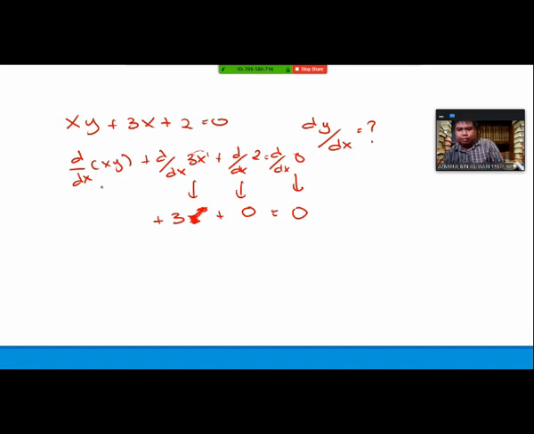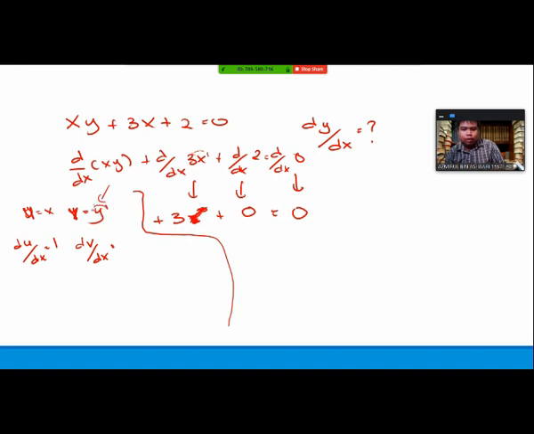Okay, but for this case, I need to do it separately, which is u equal to x and v equal to y. Okay, du per dx equal to 1. Meanwhile, for dv over dy, this is y to the power of 1.